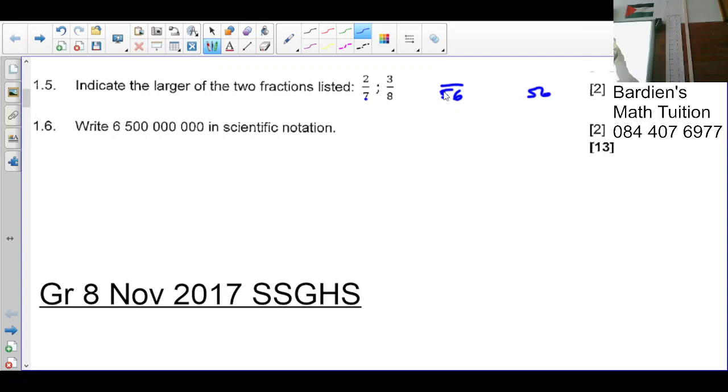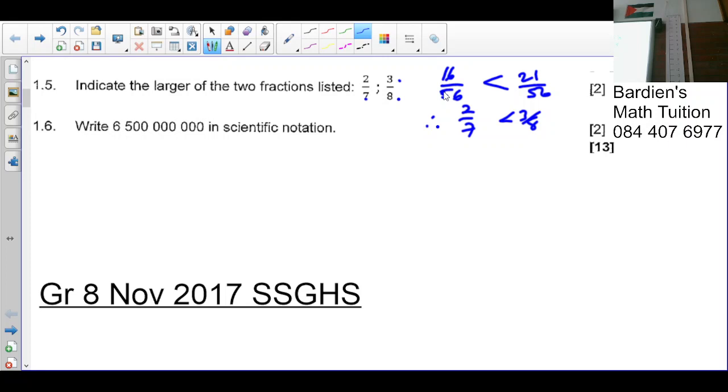So 2 times 8 is 16, and 7 times 8 is 56. So that's going to give you 21. So which one is greater? Therefore, 3 over 8 is greater than 2 over 7. Or you could have just written 3 over 8 is greater. But some of you can just look at the fractions and know which one is greater. Not so? You can do that also. You guys are psychic? Right.